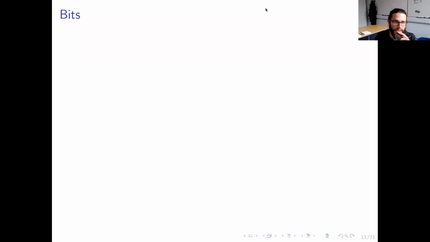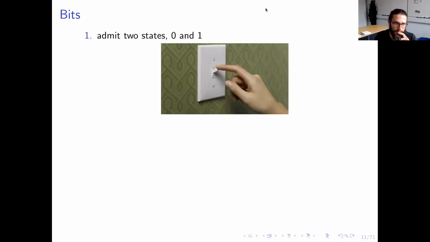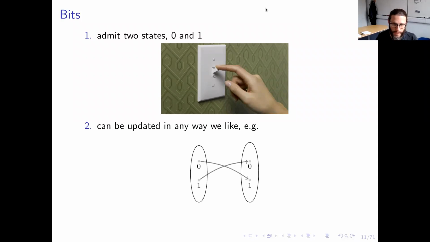So what is a bit? Well, a bit is something that has a few important properties. A bit has two different states that it can be in. It's some bit of information, and those states are 0 and 1, or off and on. And an important thing is it can be updated in any way we like. For instance, here's a way that I can update a bit: if it's 0, I can send it to 1, and if it's 1, I could send it to 0.